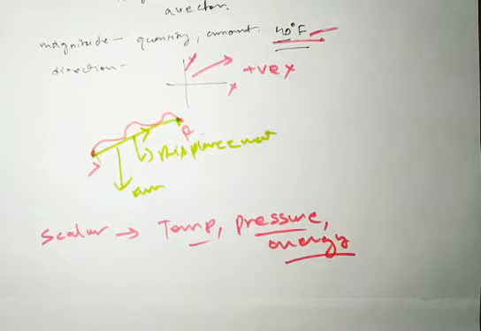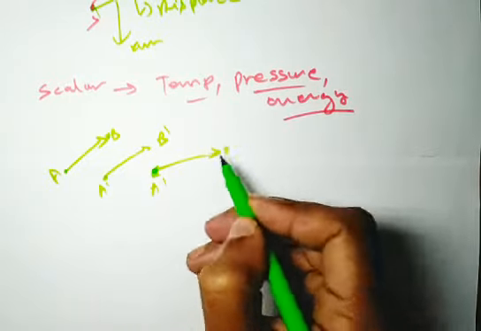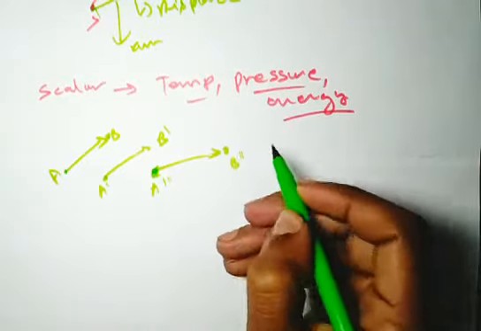So I already have told you that displacement is the simplest vector. So let's take some examples. If this is a vector A to B, this is the finish point, and this is also a vector A dash and B dash, and this is also a vector A double dash, starting point and finish point, A double dash and B double dash.